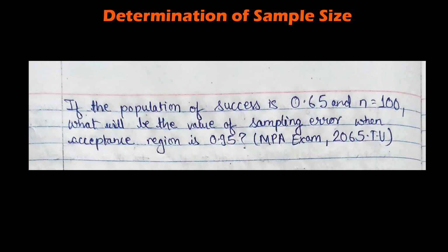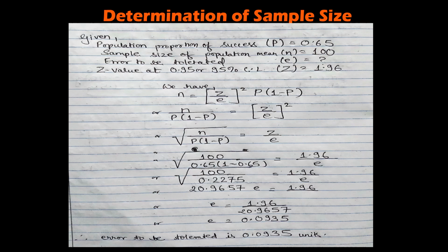Another problem we have is the determination of sample size for proportion, and the problem reads as follows. If the population proportion of success is 0.65 and n is equal to 100, what will be the value of sampling error when the acceptance region is 0.95? So for this problem, here we have the solution.